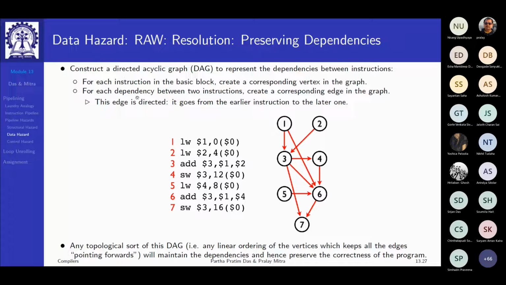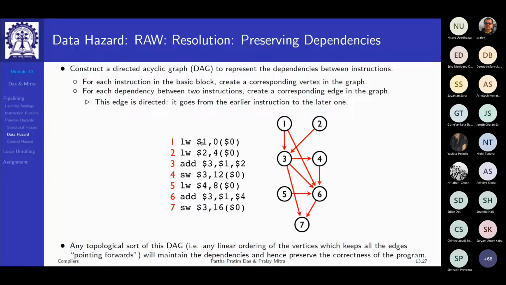So here there are 7 instructions. In this graph on the right, there are 7 nodes, 1 to 7. Now I have load $1, $0. So $1 is getting loaded here.